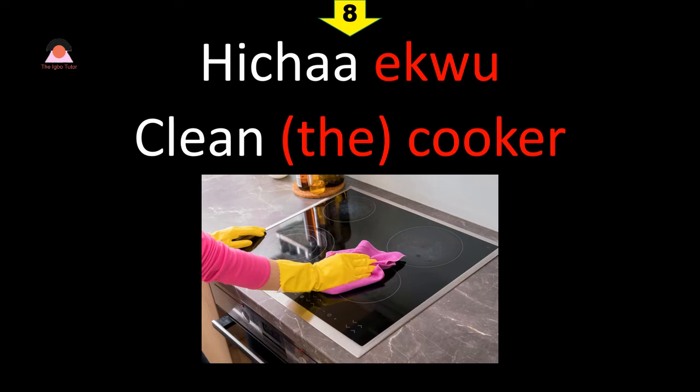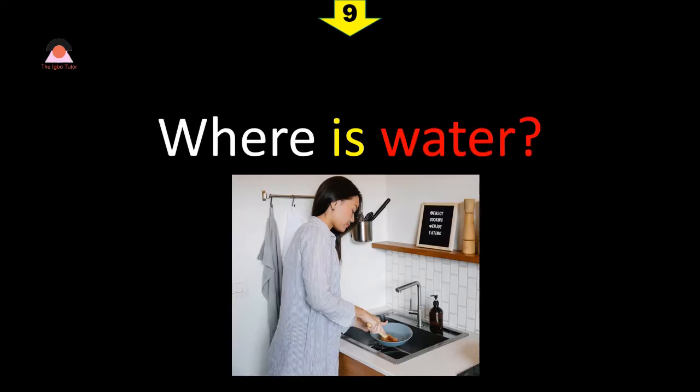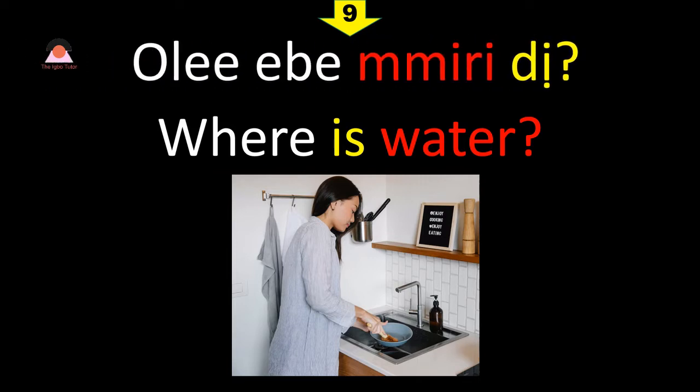Cooker means ekwu in Igbo language. Hichaa ekwu. Clean the cooker. Where is water? Olee ebe mmiri dị? Water is mmiri in Igbo language. Olee ebe is two words that make up where. Olee ebe mmiri dị?